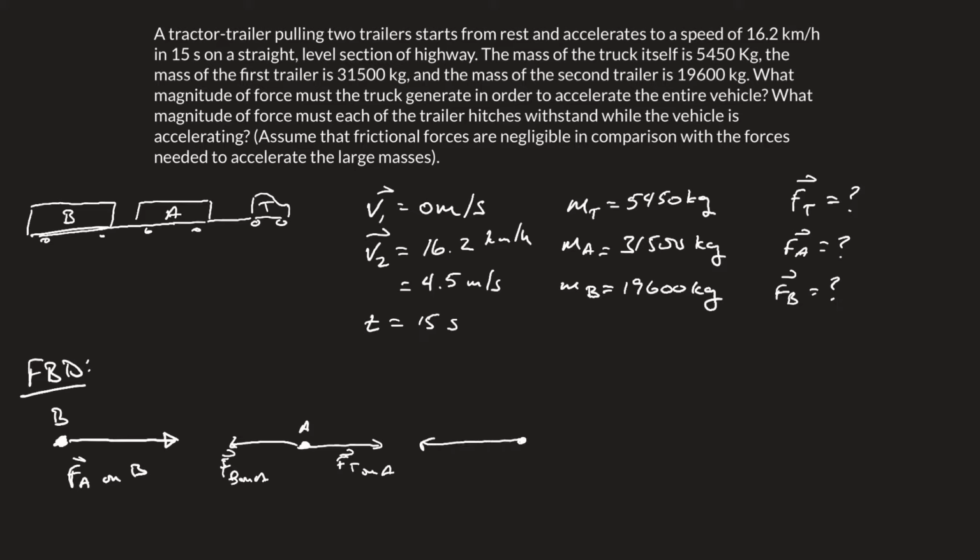Now that we have all that relevant information from the previous slide, we can start to do a little bit of math. First and foremost, I want to solve for the force that the truck generates. So Ft, the force that the truck generates, is going to be equal to the total mass, the mass of the system, times the acceleration of the truck.